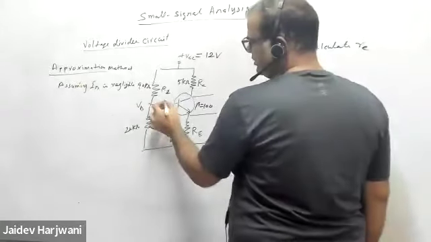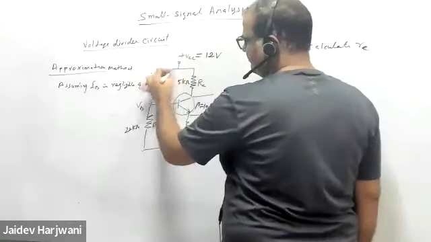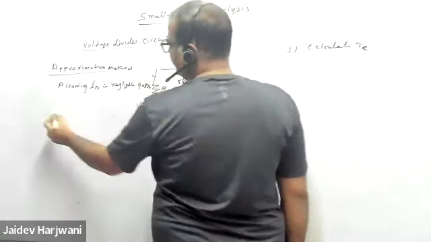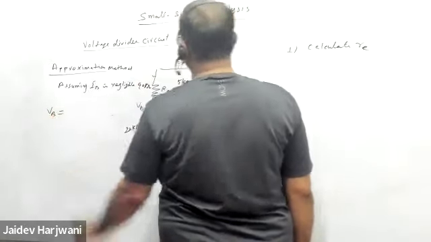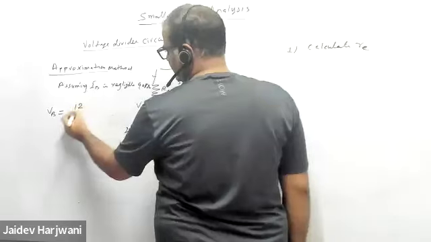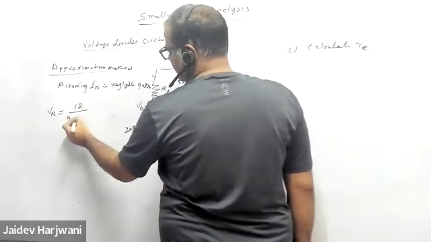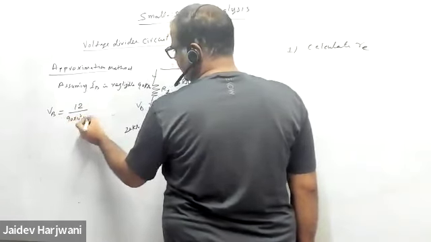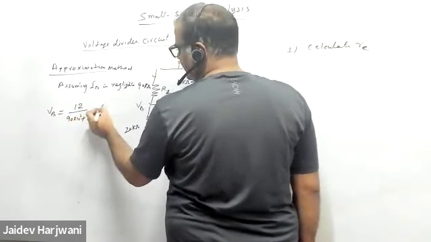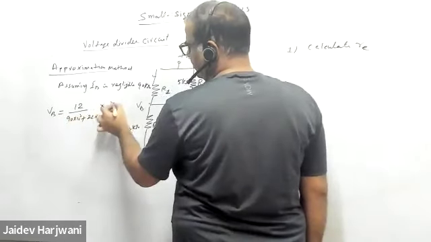Okay, so here no current is going, so this voltage will divide here and here. So VB will be 12 upon 90 plus 22, how much? 90 kilo ohm plus 22 kilo ohm, into 22 kilo ohm.